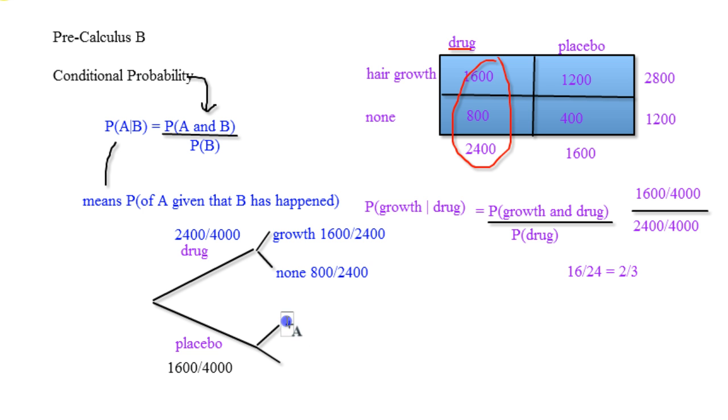And then this one would be growth, 1,200 divided by 1,600. And this one would be none, which would be 400 out of 1,600.